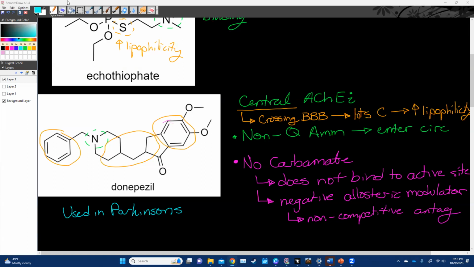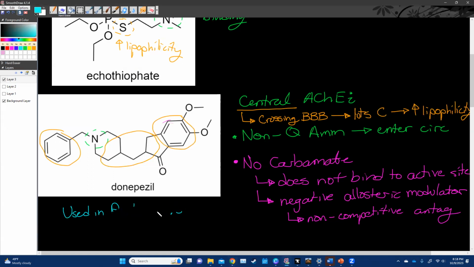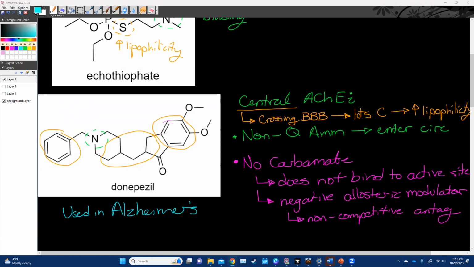Oh, no. No, Parkinson's is dopamine. It's Alzheimer's. No, it also gets used in Parkinson's. It gets used in both. But in this context, we're talking about it in terms of its effects in Alzheimer's disease. Parkinson's, because it's balancing the dopamine acetylcholine seesaw, but we're not going to talk about that.